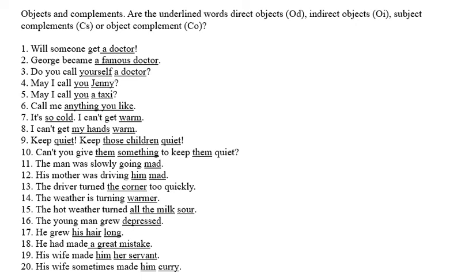It is possible, theoretically, to understand this sentence in a different way, to understand him as the object and curry as a complement to the object if you think that his wife killed him, chopped him up, put him into the fridge, and occasionally turned him into a curry. But that's, well, that's a possible interpretation.